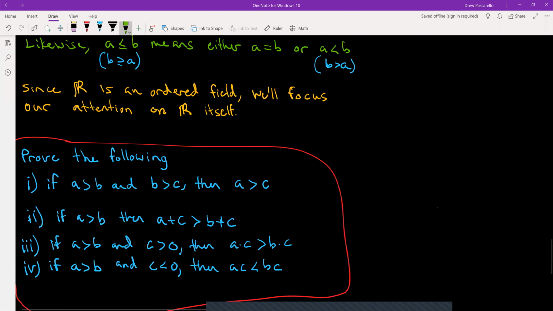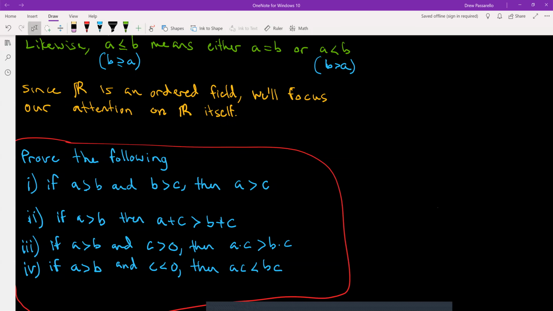So we're dealing with R as our set. I just wanted to talk about a field at first, going over those axioms and then the order axiom, and state that the real numbers is an ordered field. So now we're going to focus our attention on just the real numbers for these examples.